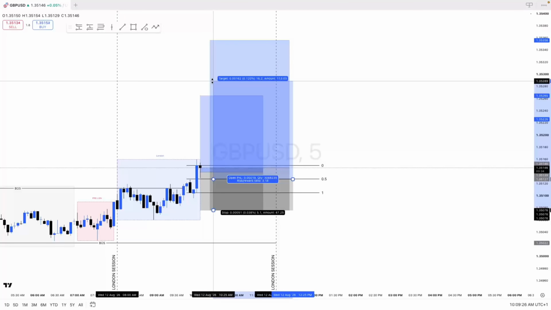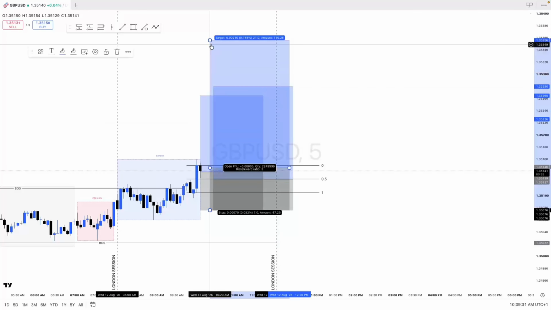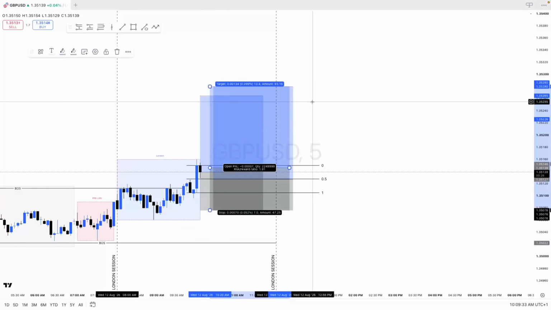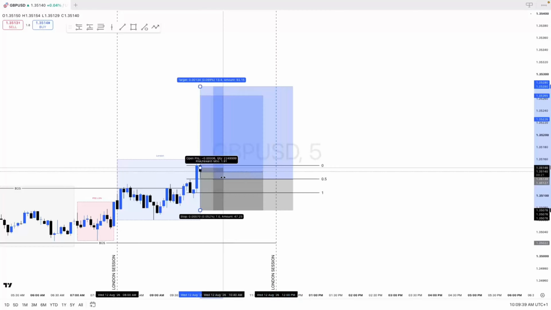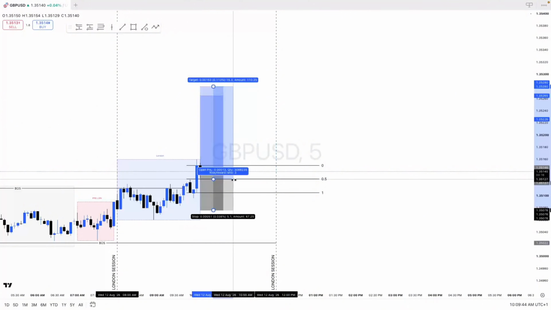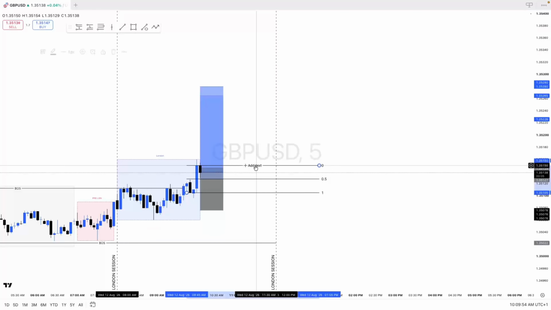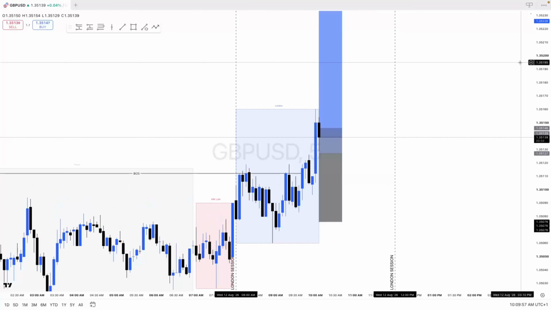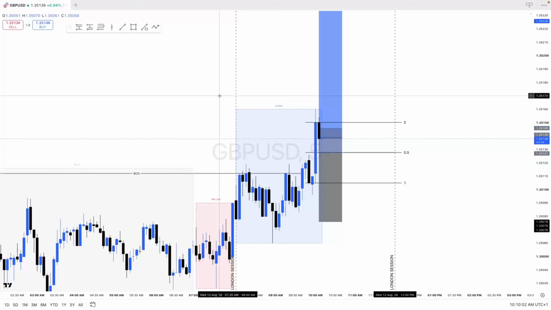So free off from 50%, and then yeah. So yeah, that's the trades for today.